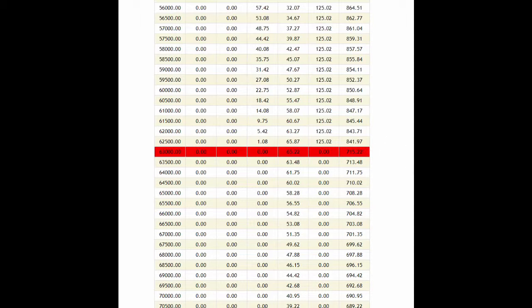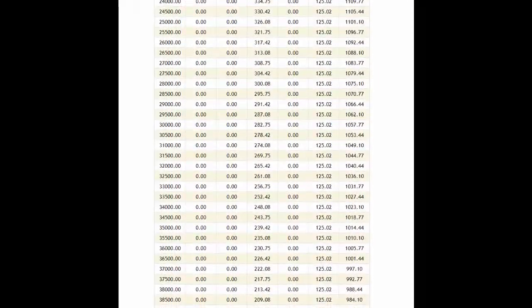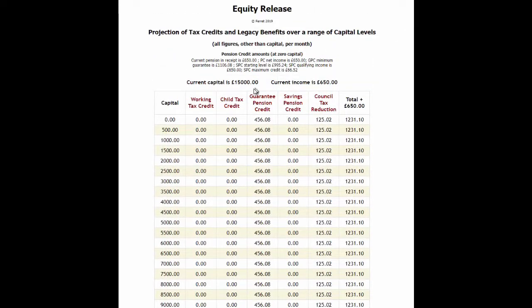We should look in this column, in this table as well, at something else which has happened. As we begin looking at the amount of benefit that people are entitled to, they start off with an entitlement to guarantee pension credit and an entitlement to council tax reduction, but no entitlement to savings pension credit.